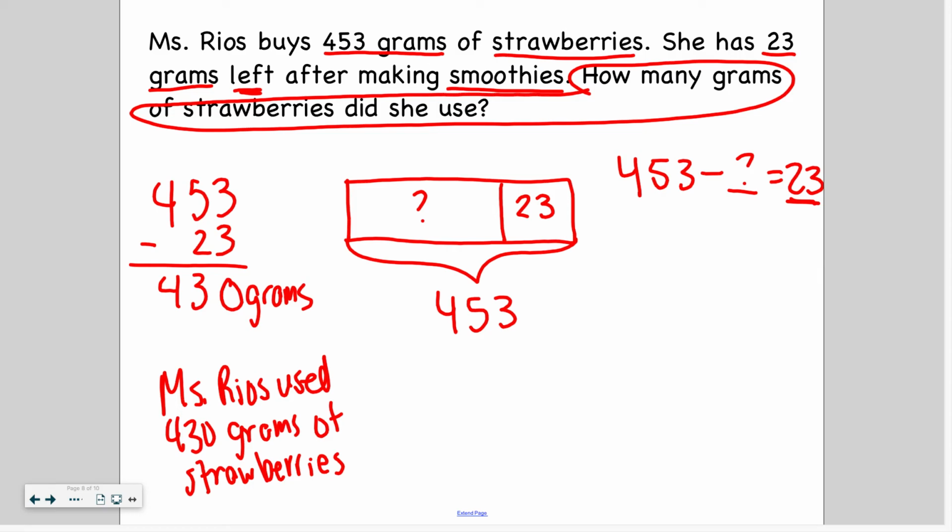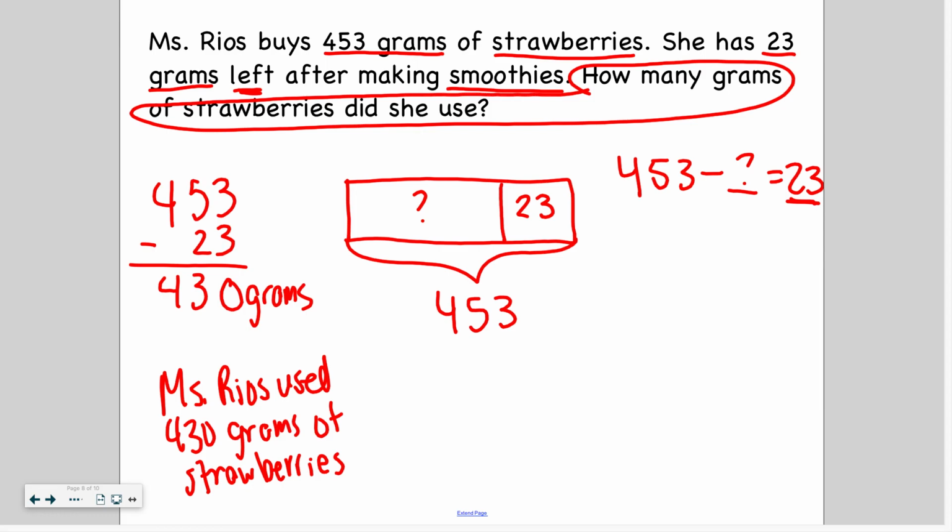Before we end, I just want to remind you to please use the information in the word problem to help you determine what you need to do. Don't randomly see the numbers and just add or subtract or multiply and divide randomly. Use the information that's given to help you do that. And I hope you saw how I did that. I looked at the information and I processed it. I said, well, for example, in this problem, if she used a certain amount and she was left with 23, that means she took it away.